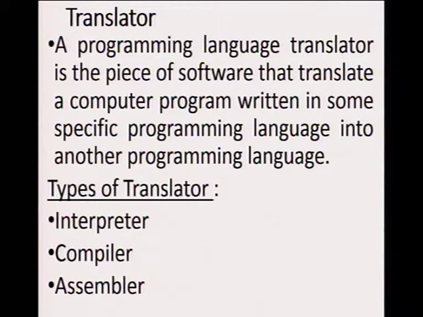Interpreter, compiler, both of them translate from high level to low level, otherwise machine language. But the difference now is this. A compiler will translate the entire program, the entire source code, all at a time. Meaning, if you have a computer program and the program has 10 lines, the compiler will translate the 10 lines at the same time.